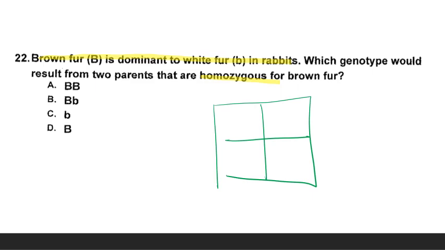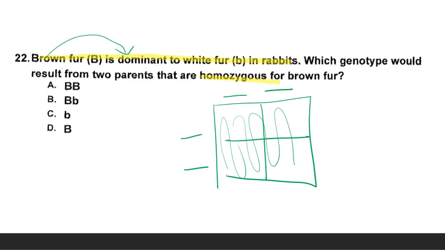And if it's homozygous for same, and we know that brown fur is dominant, is it going to be homozygous dominant or will it be homozygous recessive? Okay, so once you've decided what your parent alleles are, you will put those on either side of the Punnett square. You will fill out everything in here and you'll say, okay, what genotype is going to result from those 2 parents?